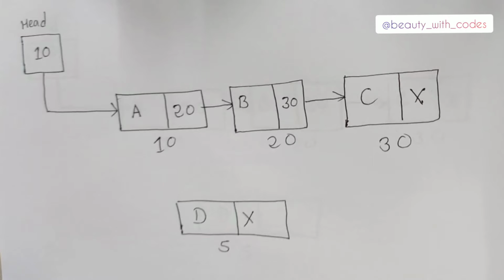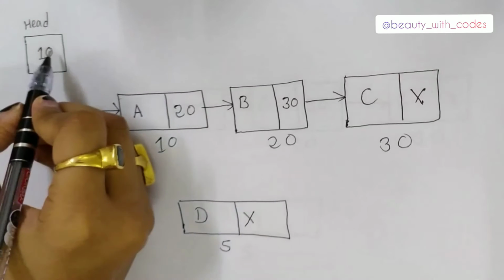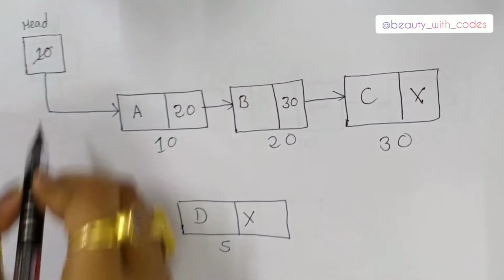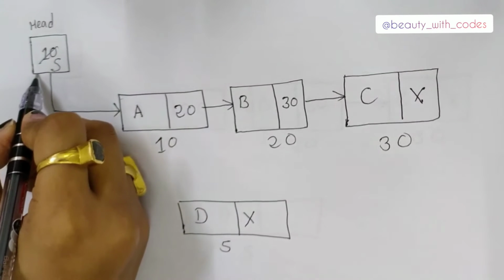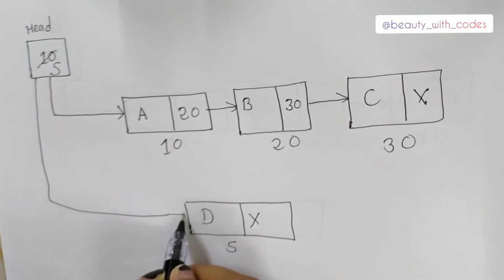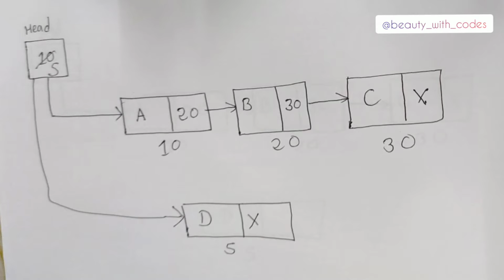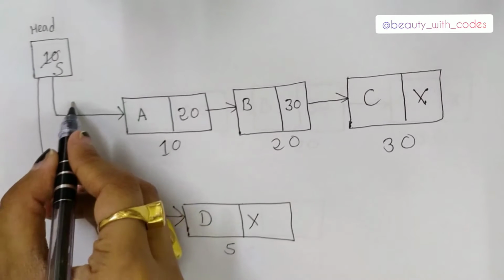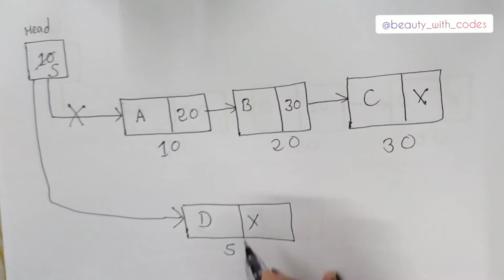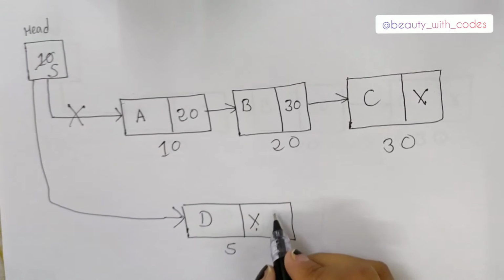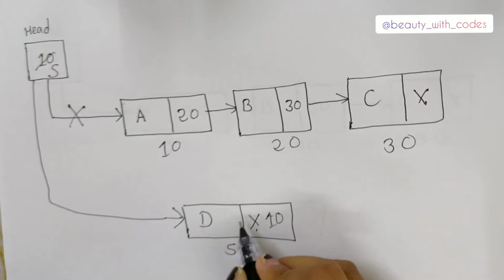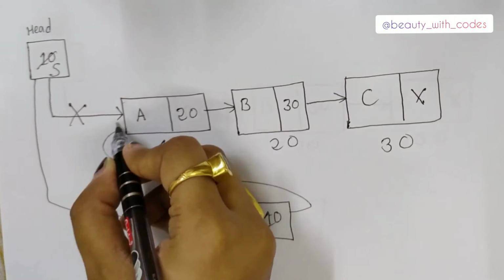So initially, let's say we made head point to D. Yes, we could have done this. Now head is pointing to D and not A, and now we will make D point to A. That is okay. But what is the problem?